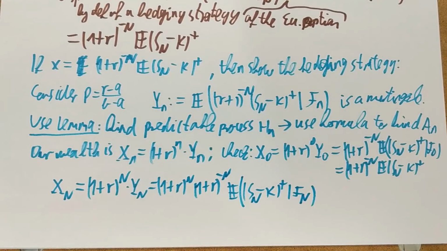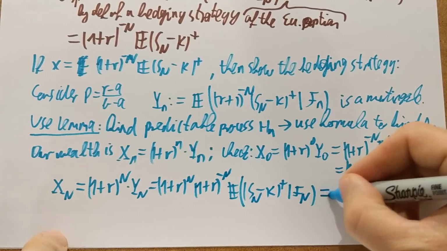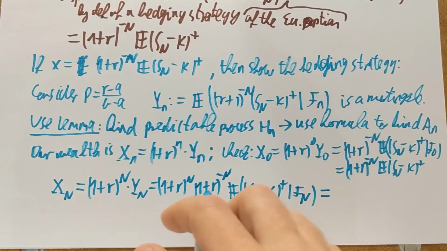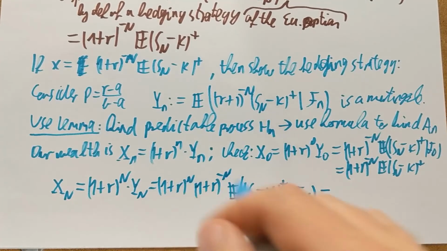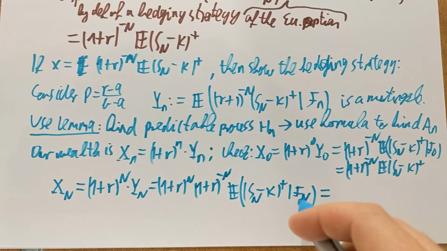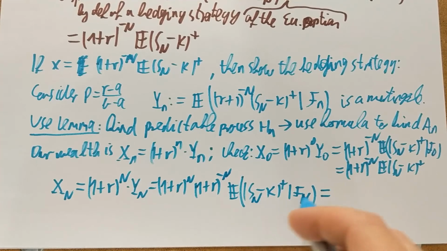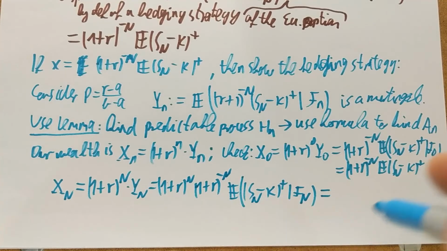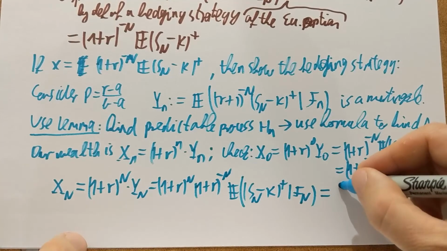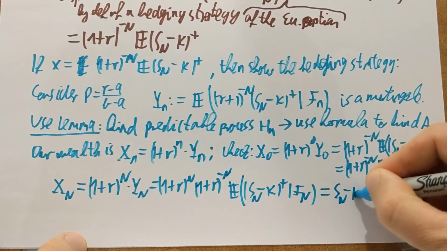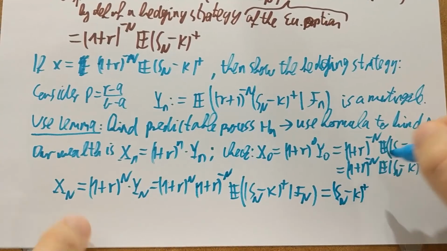That's what Xn is, according to the strategy we found. Now notice two things. First, you cancel out the rates because it's plus and minus n power, they cancel out. Second, Fn makes Sn, so Sn is Fn measurable. So this conditional expectation is not there. It's simply (Sn minus K) positive part.